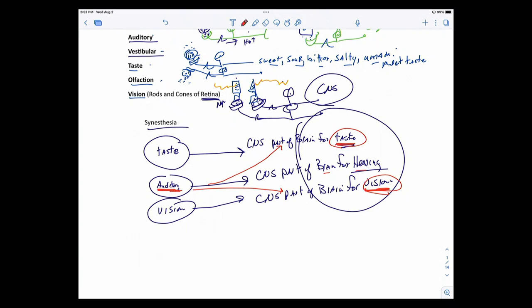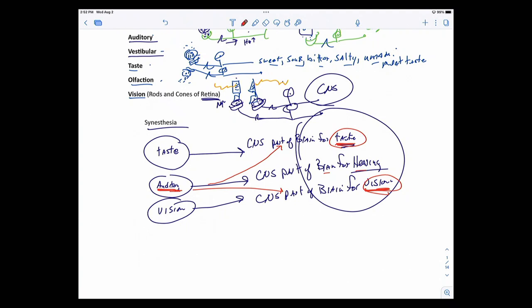And so there is a subpopulation of people out there that have this kind of cross-wiring, this multimodality, so that if they have an experience of taste or auditory or vision, the stimulation of that system will also stimulate other sensory systems as well.